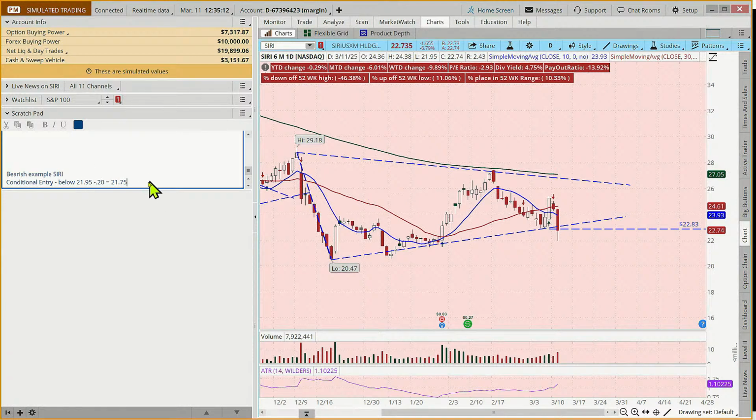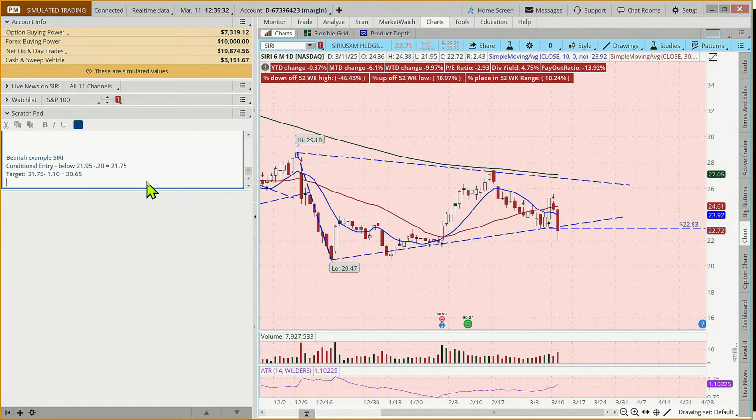And what might our target be? Our target would be 21.75 minus $1.10, so that would be $20.65.